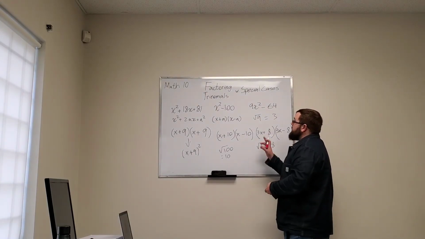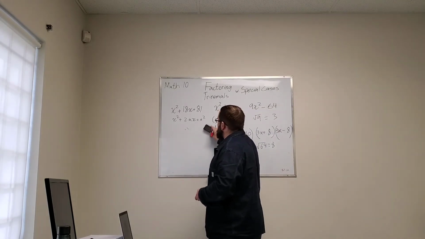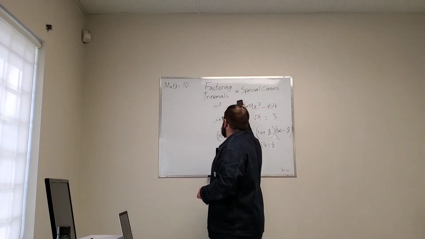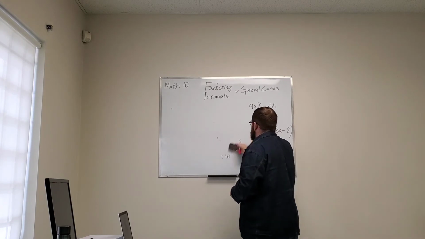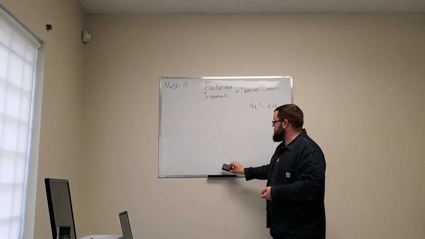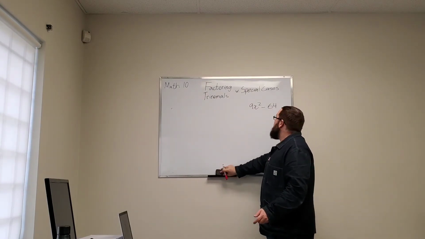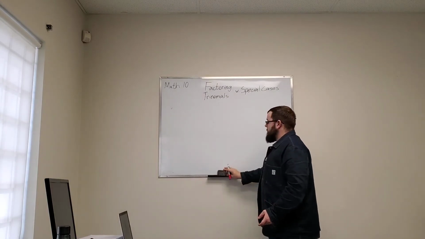Now again, with the difference of squares problem, there is one more little trick or special case that may go with this. And that is if you cannot find a perfect square to start, right? You see 9 is a perfect square, 64 is a perfect square. It's an easy problem, right? But what if you don't have a perfect square?